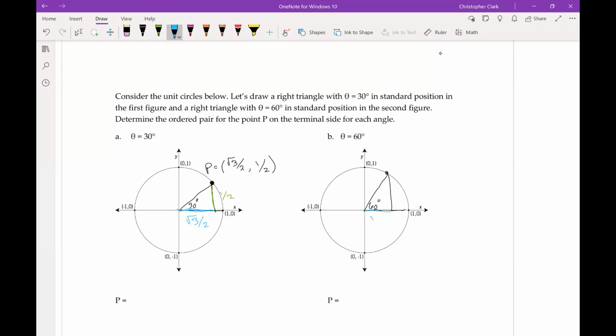I had to move over 1/2, and then I had to move up root 3 over 2, which tells me that this point is 1/2, root 3 over 2. So these 2 points where we have 30 and 60, we know exactly: root 3 over 2, 1/2, and 1/2, root 3 over 2.